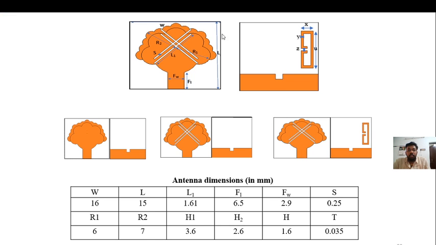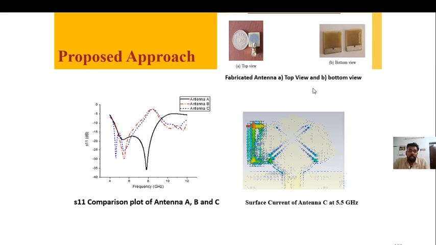This is one of my research papers here. A tree shaped, three stage evolution antenna. Here a tree shaped antenna has been designed with different ground structures. In the second stage, I have included two X-shaped slots. And in the third stage, a metamaterial has been included, and these are the dimensions of that.